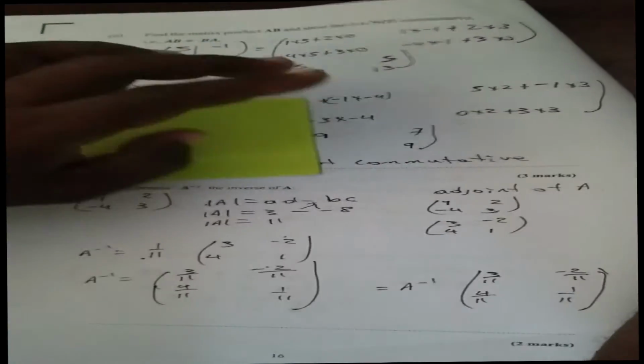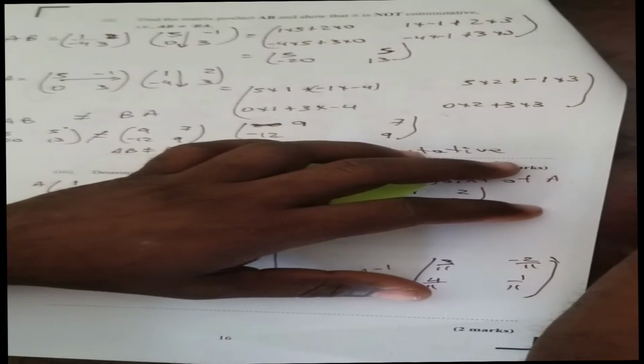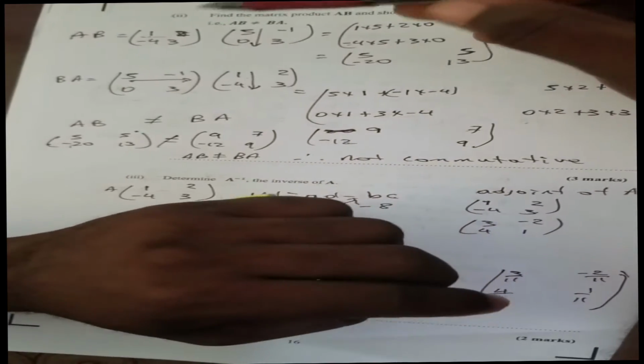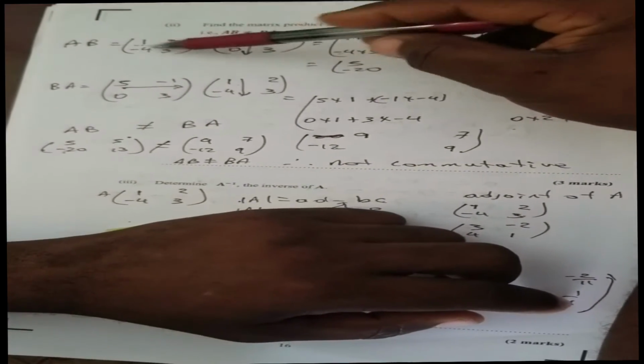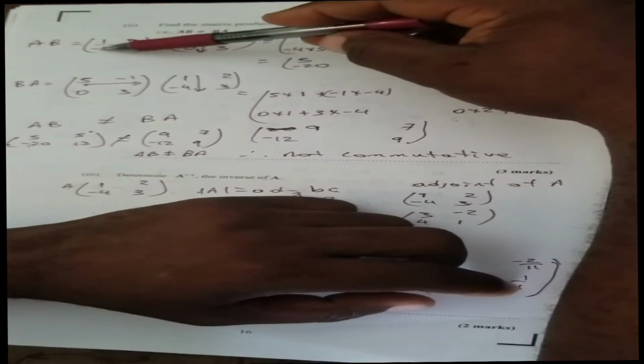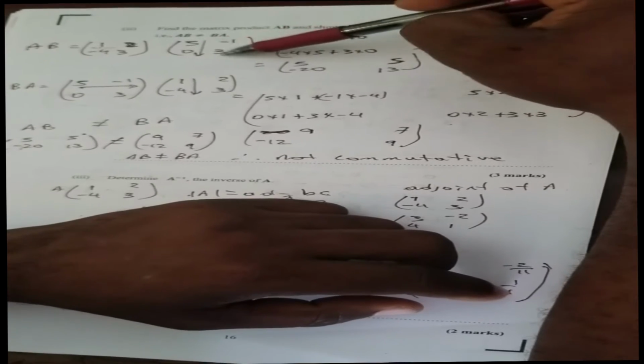Now we are going to find the product of matrix A times B, and we're going to show if they are commutative, with A times B and B times A. This is our matrix A, which is equal to 1 and a 2, negative 4 and a 3, and our matrix B, which is equal to 5, negative 1 and a 0 and a 3.